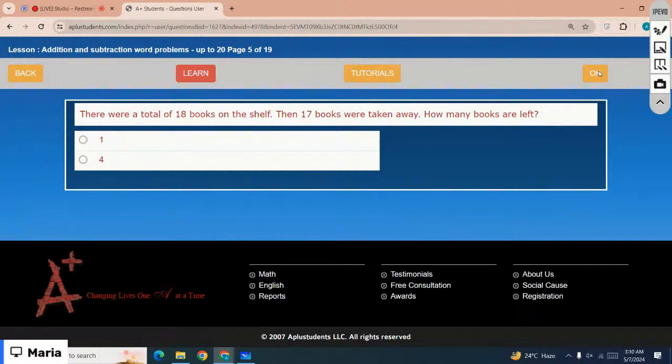And then 17 were taken away. So, 18 take away 17 equals how many books are on the shelf now? That is 18 take away 17 is 1. There is only one book on the shelf, right? The correct option is 1.